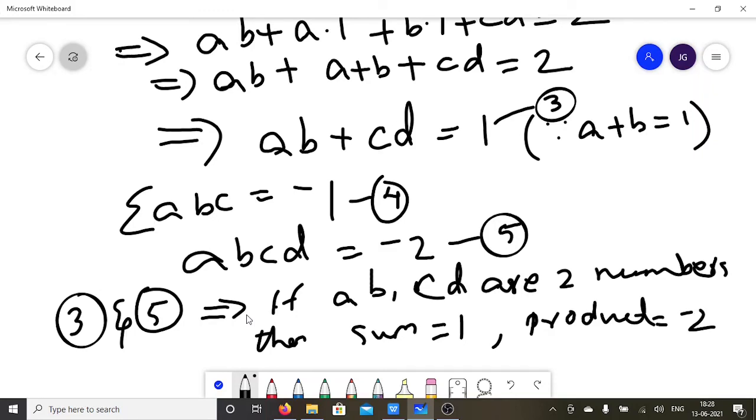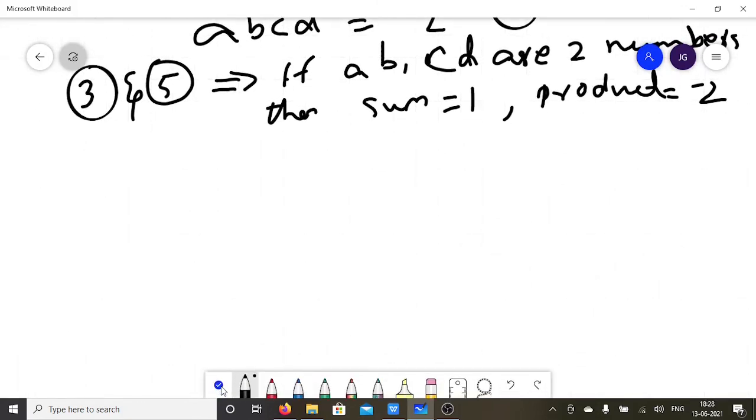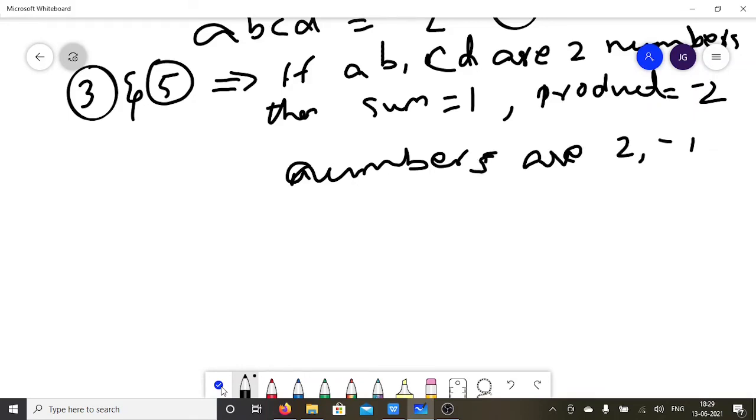So the numbers are 2 and minus 1. Let AB be equal to 2 and CD be equal to minus 1.